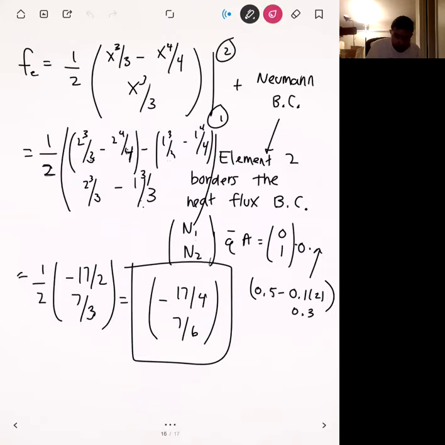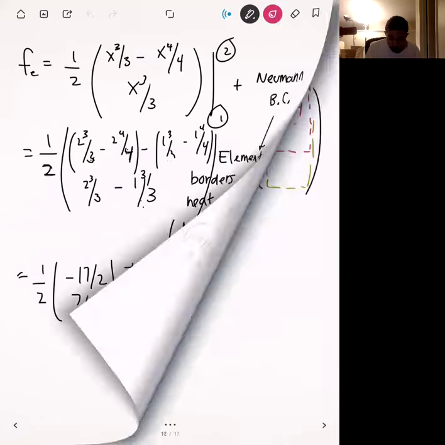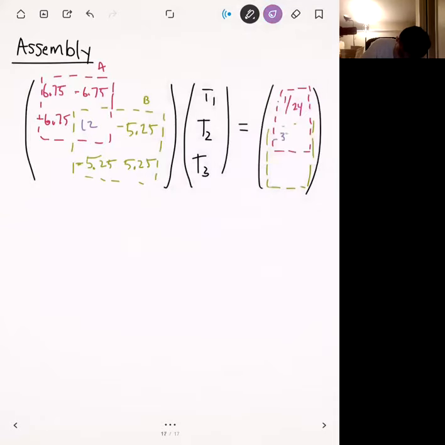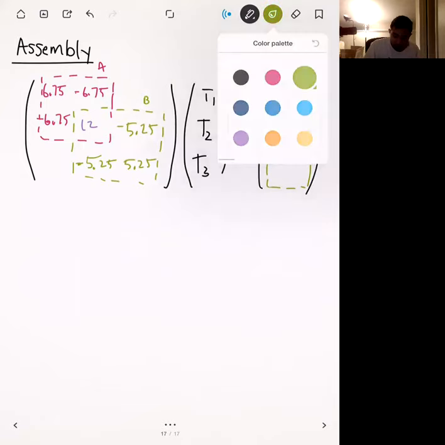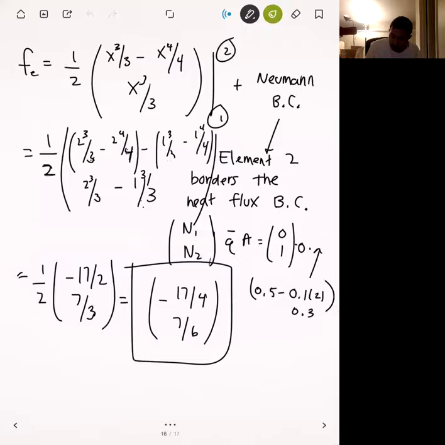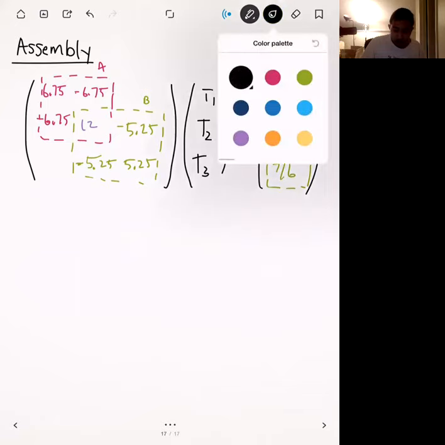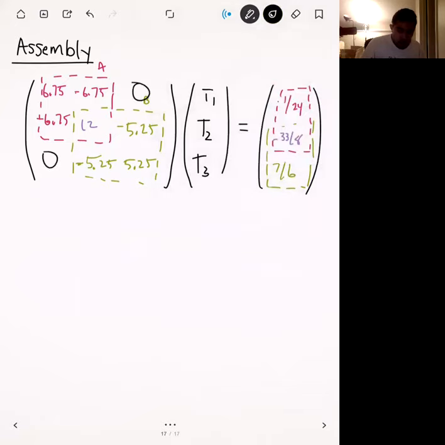So we have 1 over 8 minus 17 over 4, and that's going to be a minus 33 over 8. And then in the bottommost entry, we have the last entry, which is 7 over 6. Everything that's not filled in, we can just fill in zeros for.